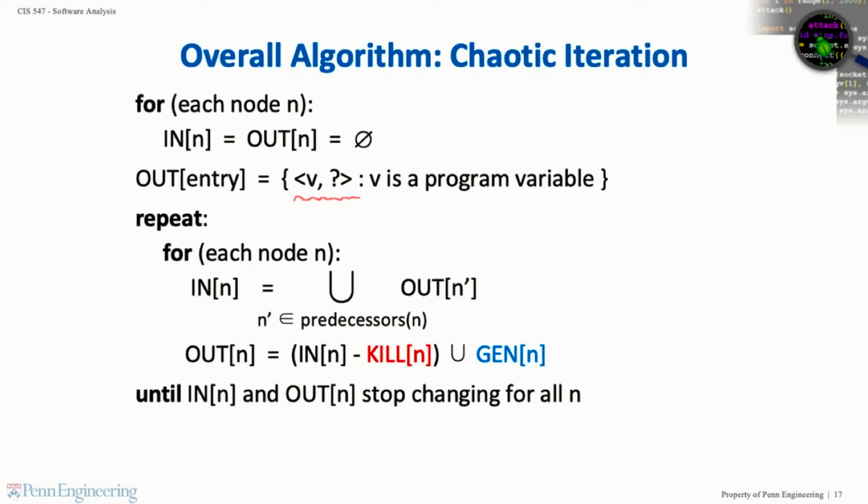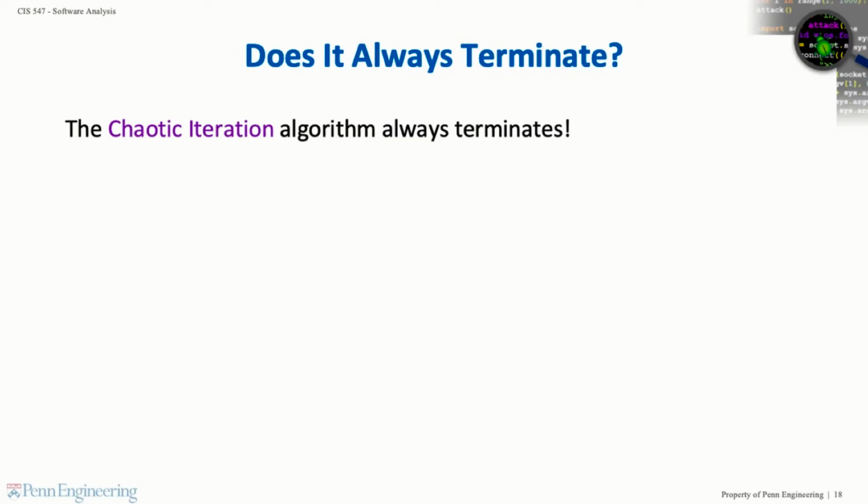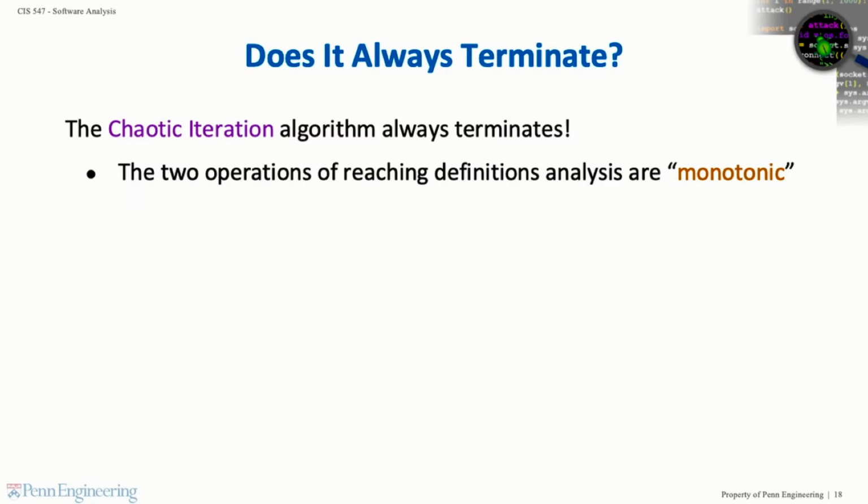At this point, you might be wondering whether the chaotic iteration algorithm is guaranteed to terminate for every program in the while language, despite its seemingly chaotic nature. The answer, perhaps somewhat surprisingly, is yes. The reason for this is twofold. First, the two operations that this algorithm applies in each iteration are monotonic, that is, they never cause the in and out sets to shrink.